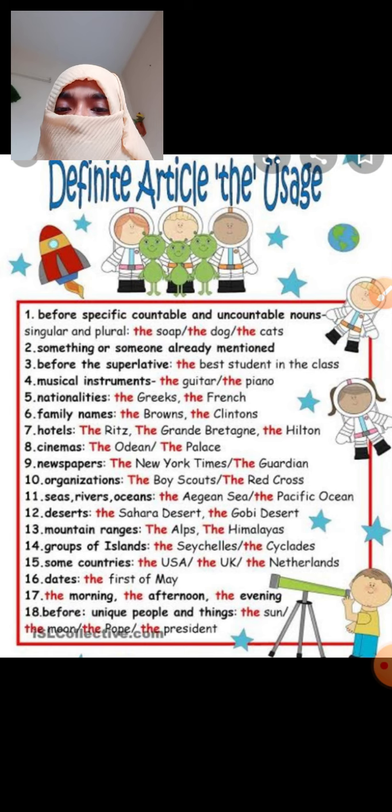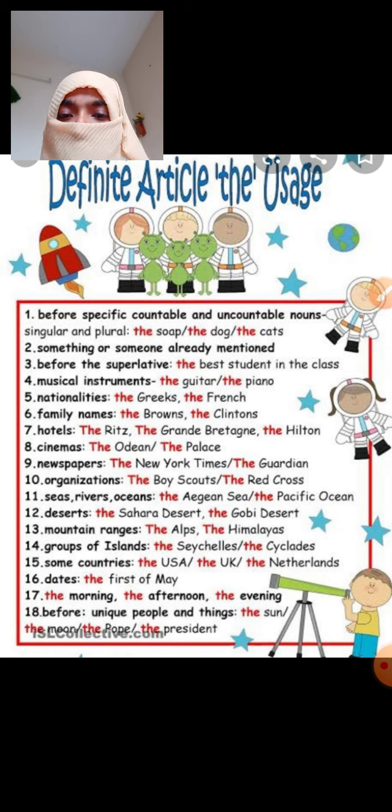That means countries whose names consist of more than one word, like USA, the full name is United States of America, and UK, United Kingdom. So before this kind of name we use the article.